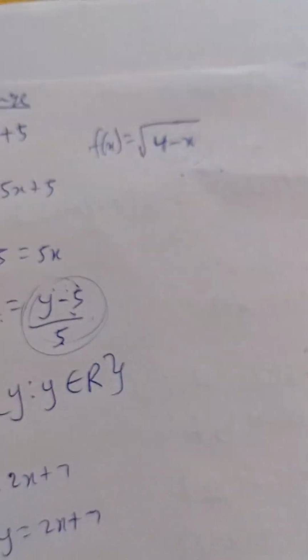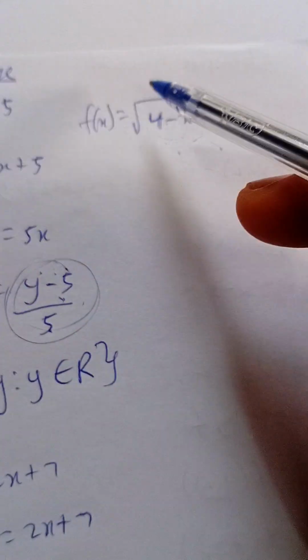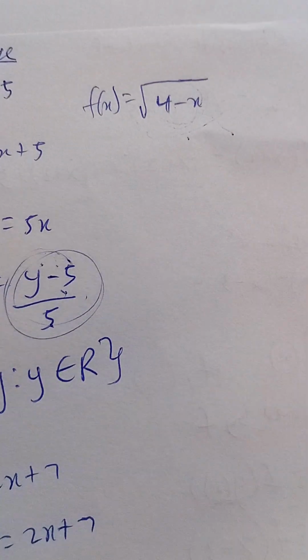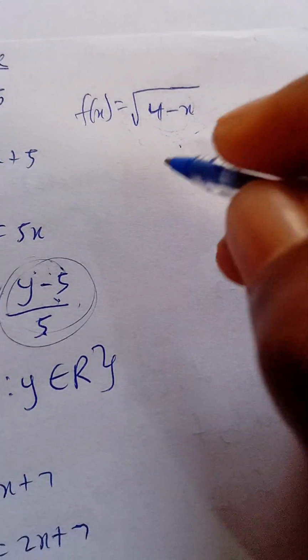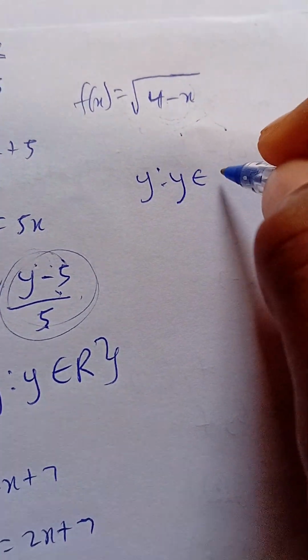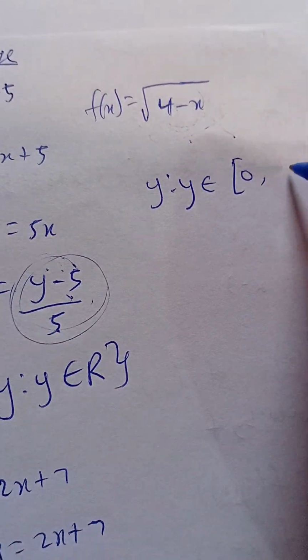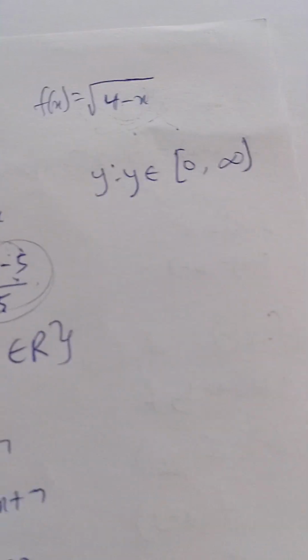You get it? So the possible images we can have here can start from 0, then going to infinity. So here you can just see everything is obvious over here. This will be our range for this.